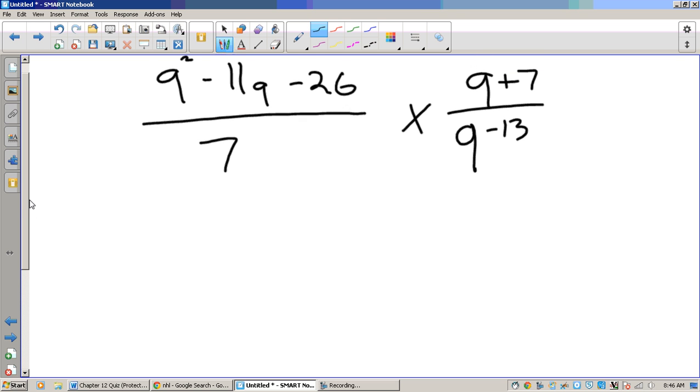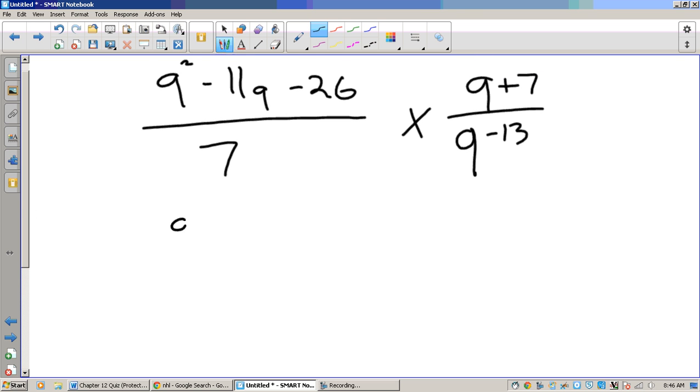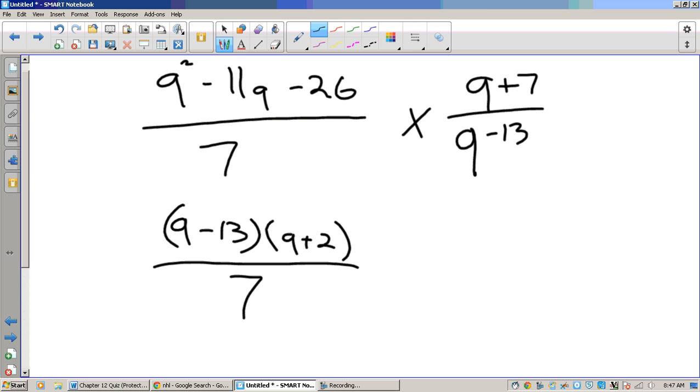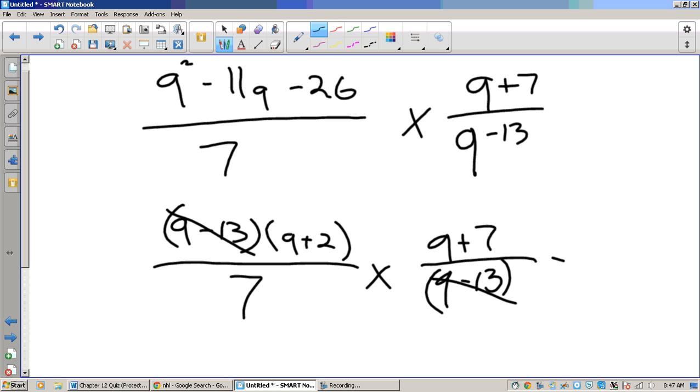2 and negative 13. All right, so we have (q - 13)(q + 2). So in this case, our q - 13 and our q - 13 simplify.